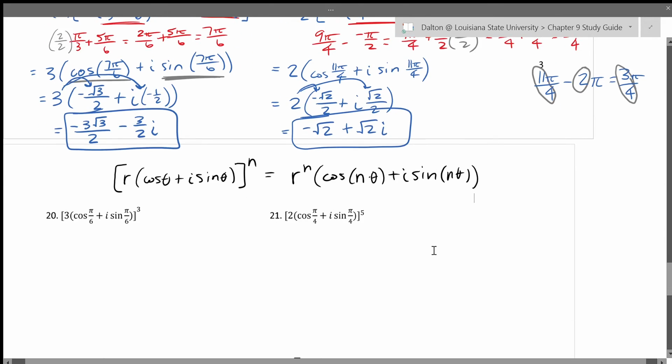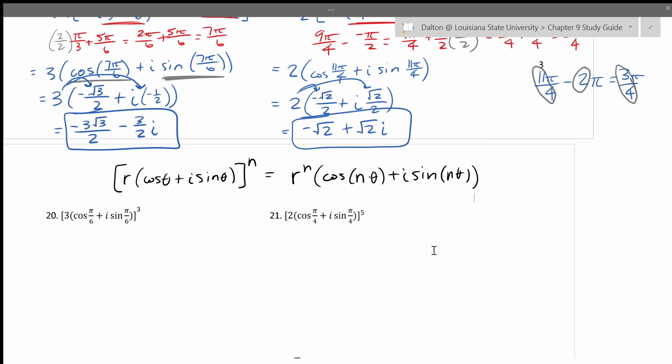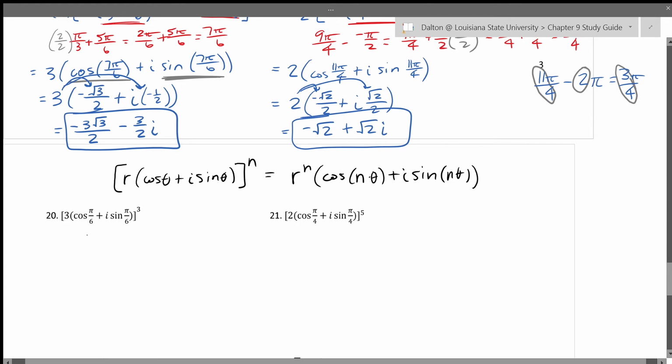All right, numbers 20 and 21, I give you kind of step one, if you will, or actually a couple steps. Your job is just to apply De Moivre's theorem. So if I look at the question that I'm given here, this 3 is r, this 3, the power, is n, and then of course, pi over 6 is theta. So we are going to use the expansion on the right-hand side to expand number 20.